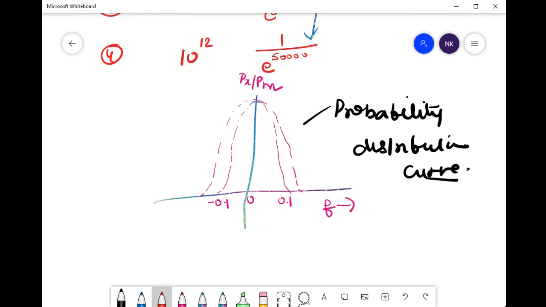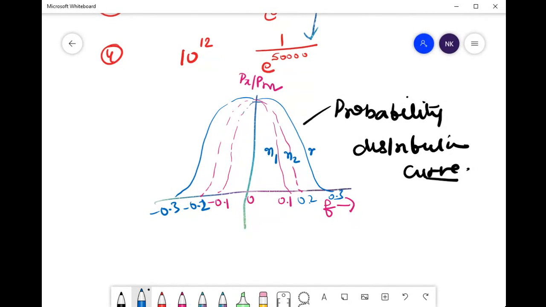Narrower in the sense that this is for 0.3, 0.1, 0.2, this is for 0.2, 0.3. As n is increasing, this graph is for n1, this is for n2, and this is for n3, where n1 is greater than n2 is greater than n3.